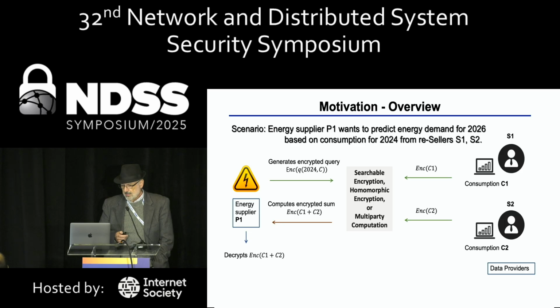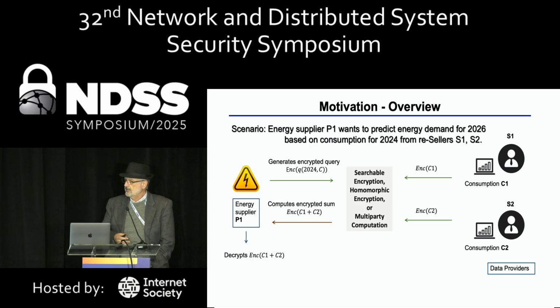And let me describe a scenario, a motivating example, which I think is interesting and useful, and we can discuss further. So let's say we have an energy data space, okay? There are two energy resellers, S1 and S2.